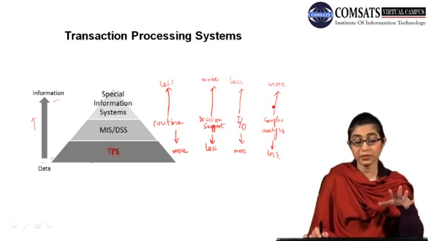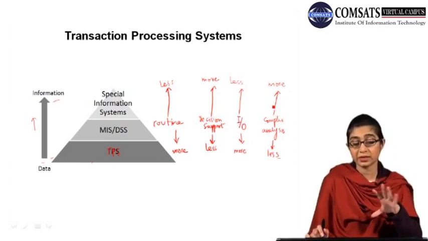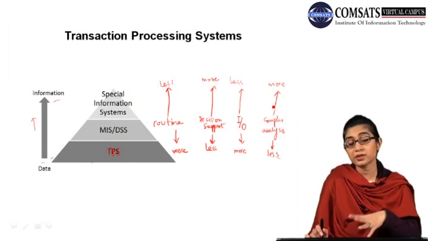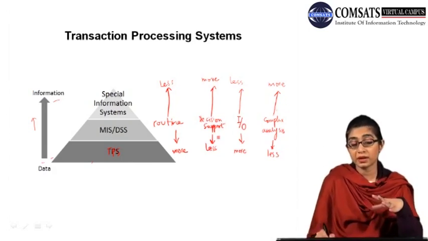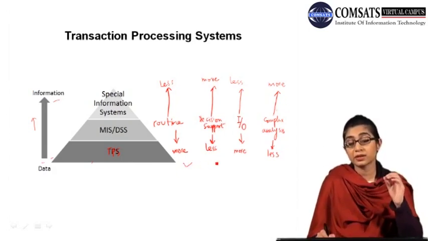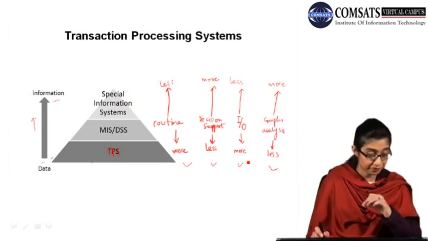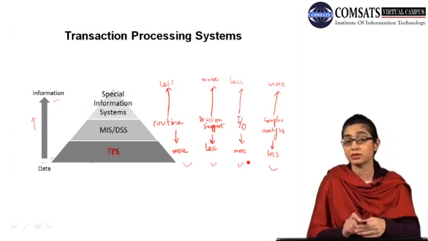This is a slight comparison of the TPS with the other kinds of information systems in the hierarchy. In the organization, TPSs do more routine work, less decision support and less complex analysis, and there is a lot of input-output involved. They deal with large amounts of data.